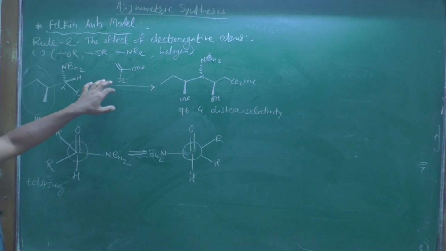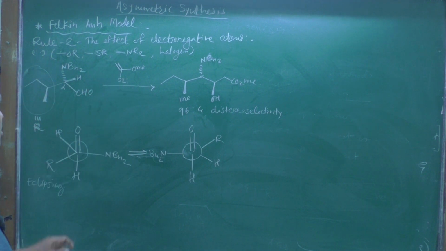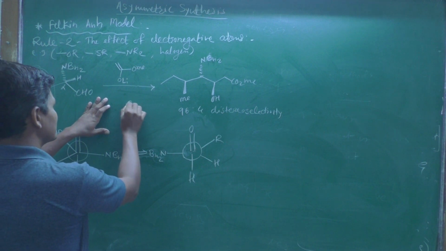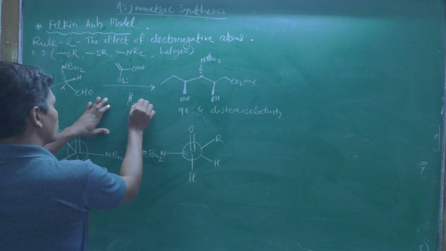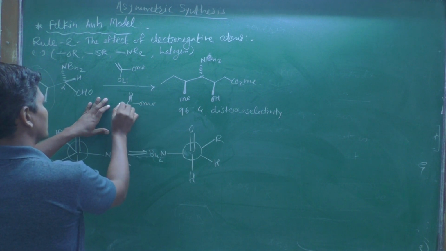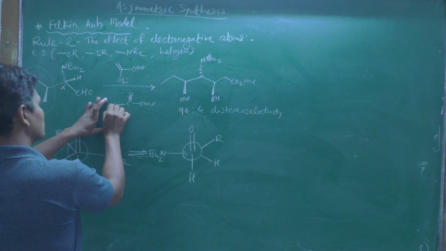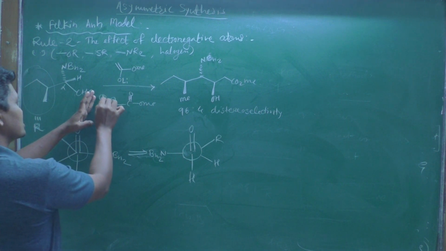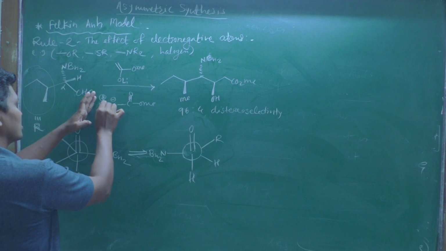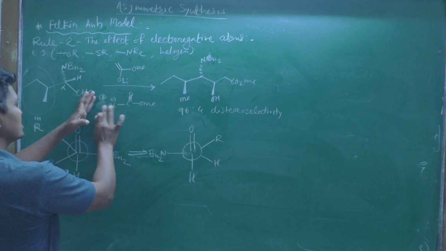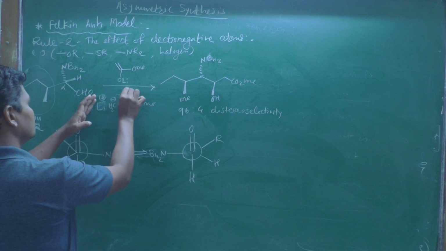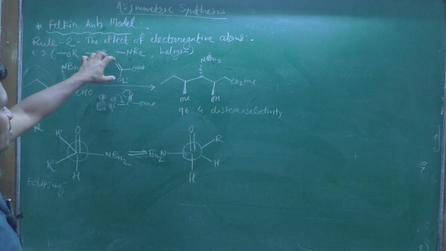Now this is our nucleophile. The structure of the nucleophile is COOMe single bond CH2 minus Li plus. I have simply written this as the resonating form of that nucleophile.